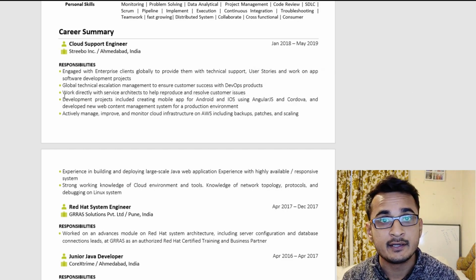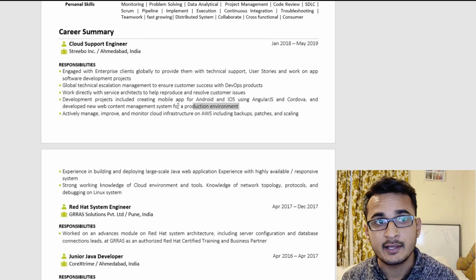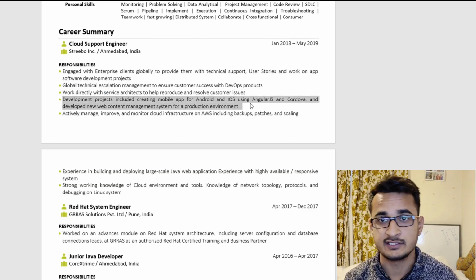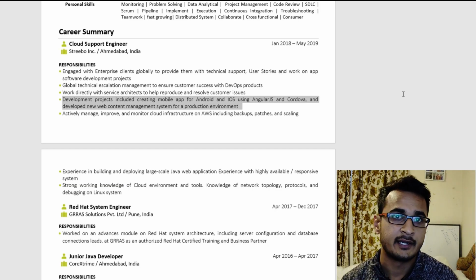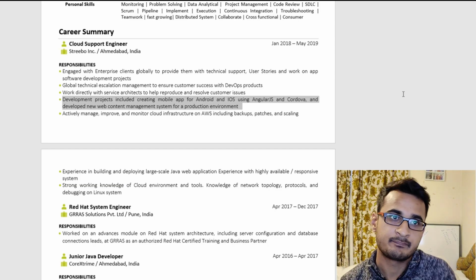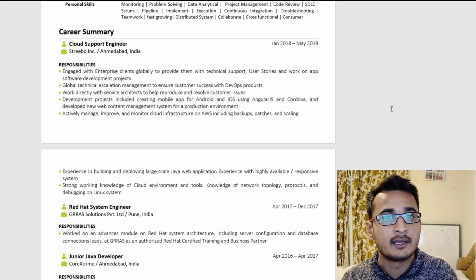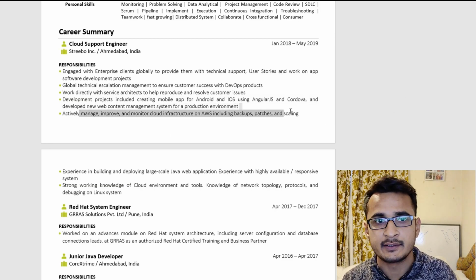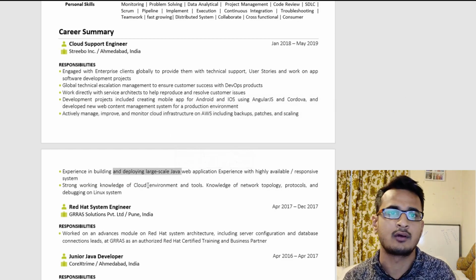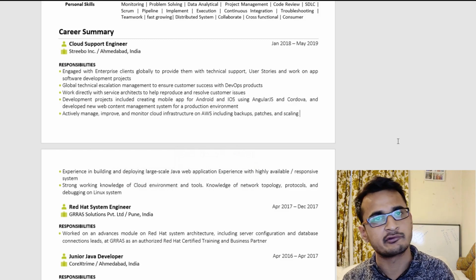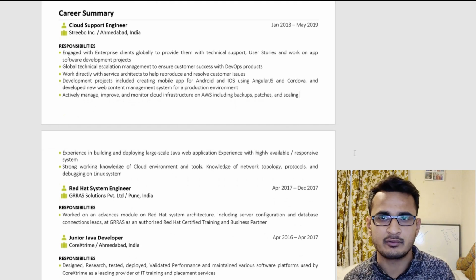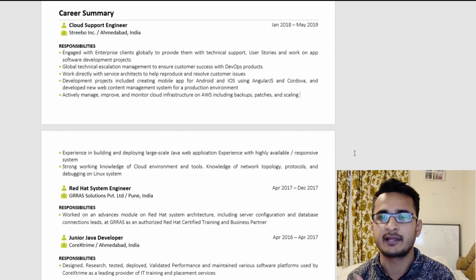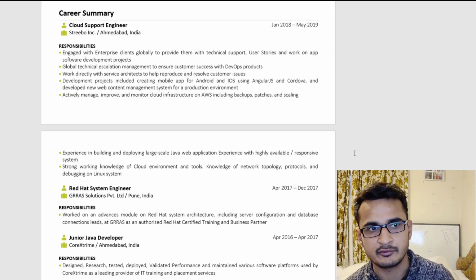I did development also, not only the cloud side. I also did AngularJS and Cordova development, so I'm mentioning that. Then AWS and Java applications, cloud environment tools, and Linux systems. You can mention these as per your experience and everything that you already know.